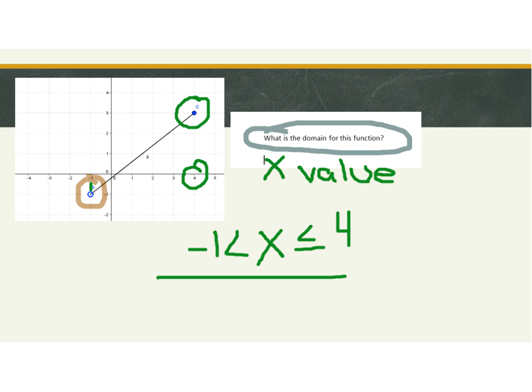On a lot of tests, I get students who say the domain is one number. The domain is always a range of numbers.